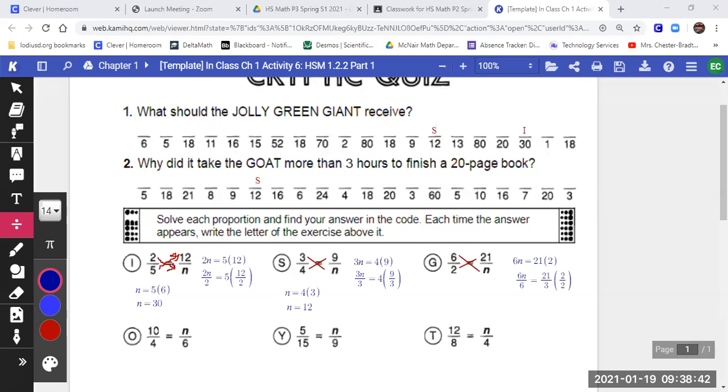Yep, just an n. Okay. And then on the other side, I have a 2 divided by 2. What good is that? What's that become? Becomes 1. So that's all gone. So the right side just says 21 divided by 3. N is going to equal 21 divided by 3, 7. Done.